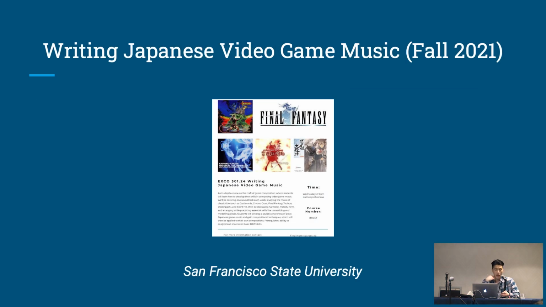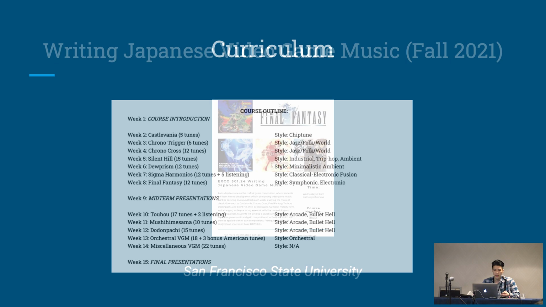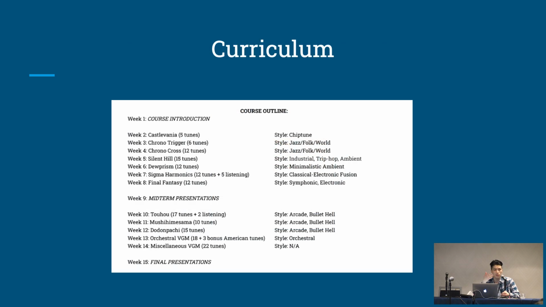So previously, I've taught a course called Writing Japanese Video Game Music at San Francisco State University in fall of 2021. This was a course where any student could teach any sort of topic. So I just went ahead and was like, there aren't any courses on how to study, analyze, and compose the music that I love, so I'm gonna teach it.